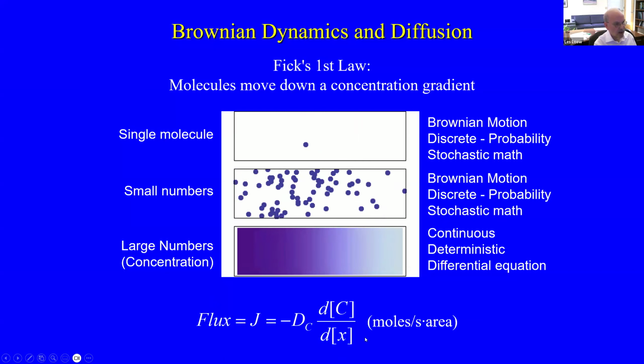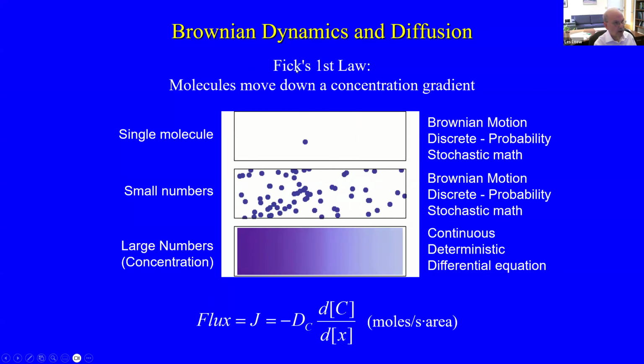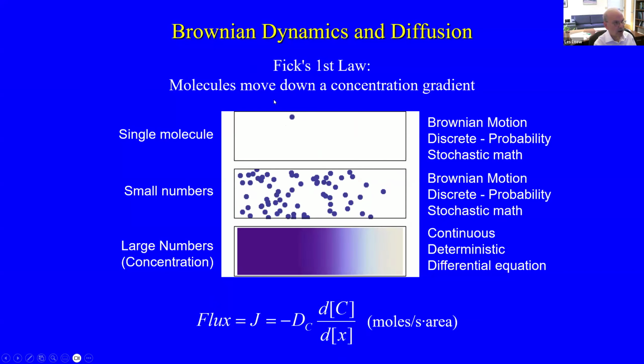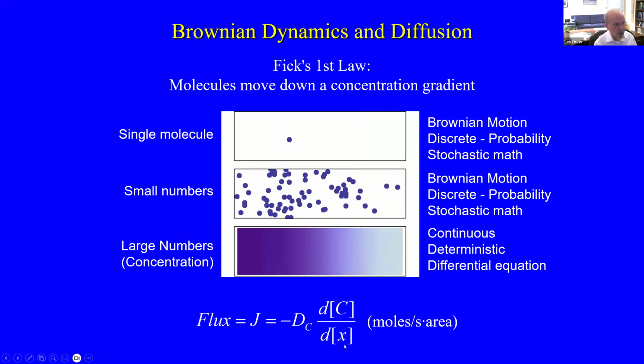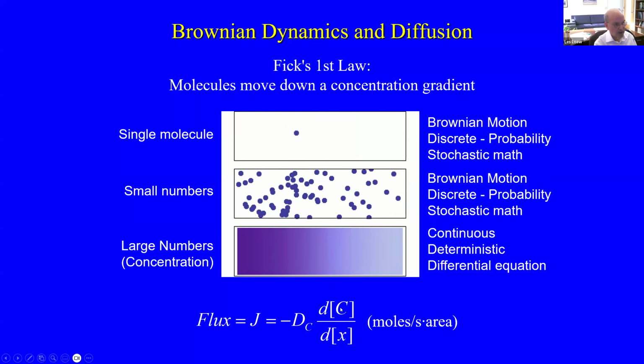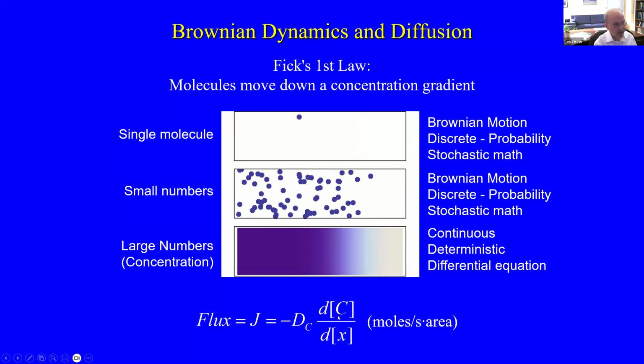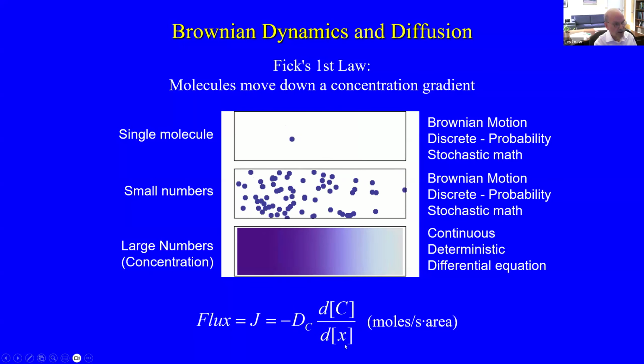And the differential equation that corresponds to Fick's first law is that the flux across that barrier is just given by a diffusion coefficient, the proportionality constant, times the gradient of the concentration, the derivative of the concentration with respect to distance.